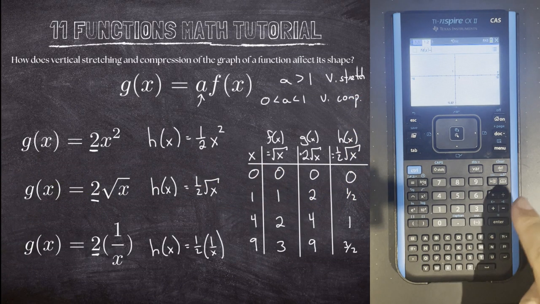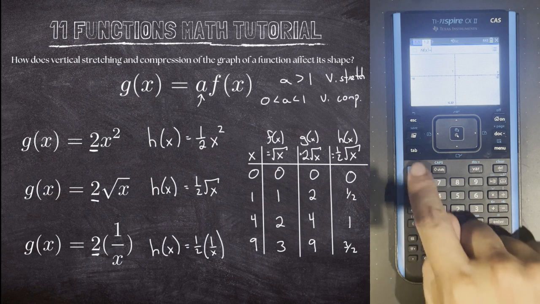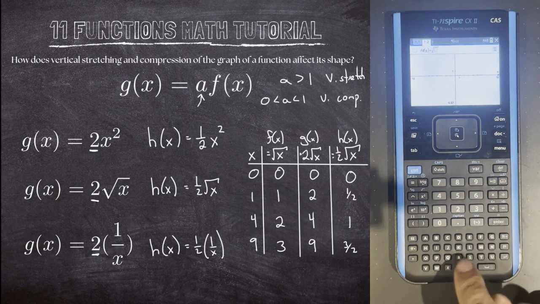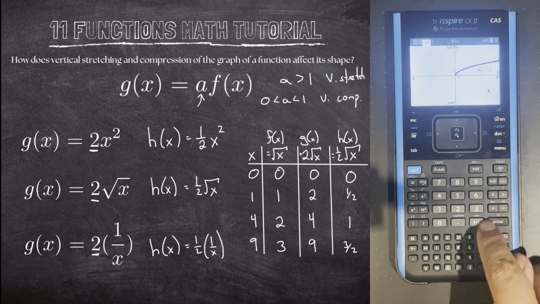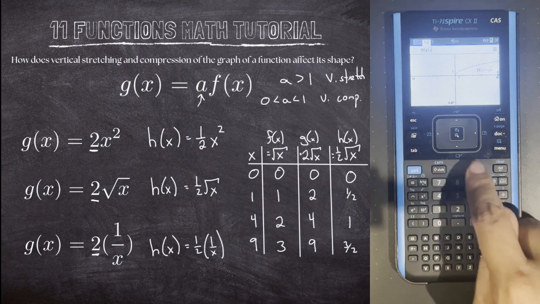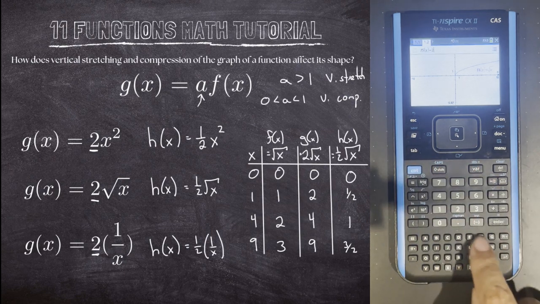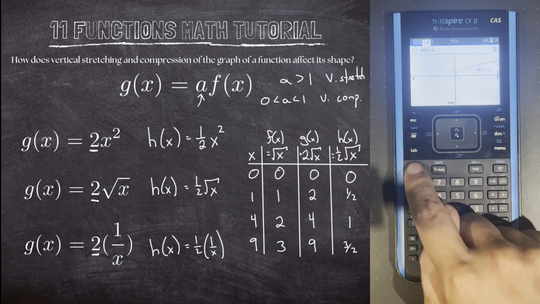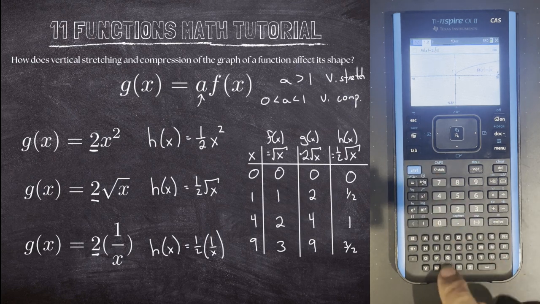Now let's check our radical function. So I'll put in the parent function, square root of x. And then I'm going to add another one, which will be twice the square root of x.